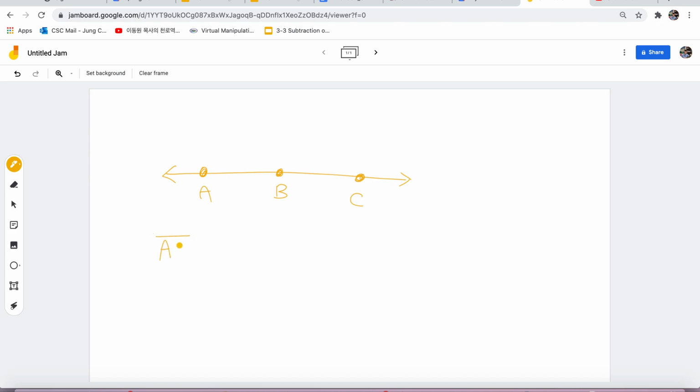The distance of segment AC, we write it as this. This means the distance between point A and C. That is AB plus BC. So there is a point in between A and C, and the sum of AB, the distance, plus BC is the same as AC. That is the segment addition postulate, right?